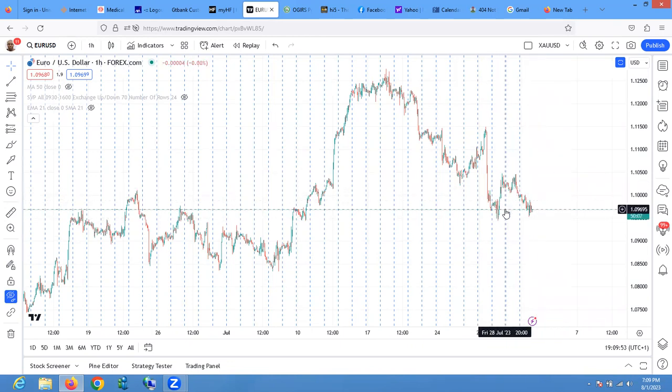Because on the 4-hour time frame, it may still be ABC of A, and this may still go to be a B, and we might still have a C to the upside before we come down to complete these waves. Now, this wave that is coming down, what is it likely going to be in terms of a deep correction?